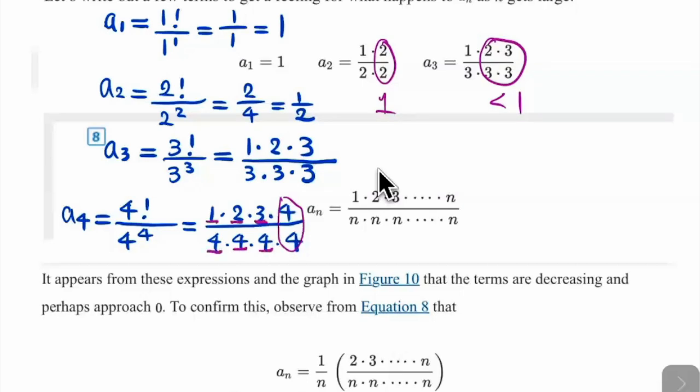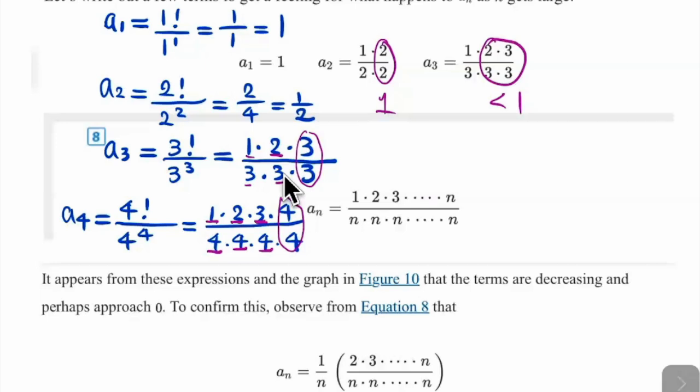And here the biggest number is 3, and 2 is smaller than this, and 1 is smaller than this. Okay, so you can see that the pattern here is getting smaller and smaller.